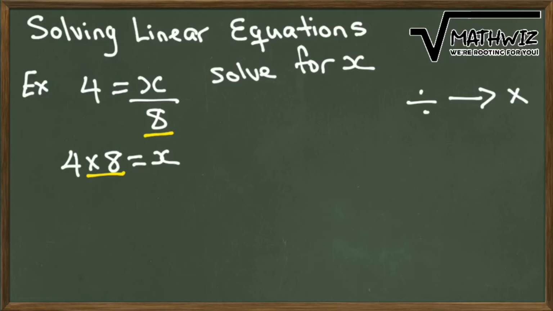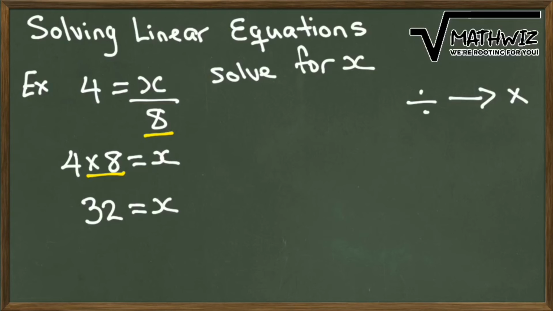And yes, it doesn't matter if you put the 8 in front. I like to just, whenever I'm carrying stuff over, always put it behind. That is a MathWiz Academy study tip that we give here. It is less likely for you to mess it up when you put the thing that you're carrying over behind, right? So 4 times 8 is going to give us 32.